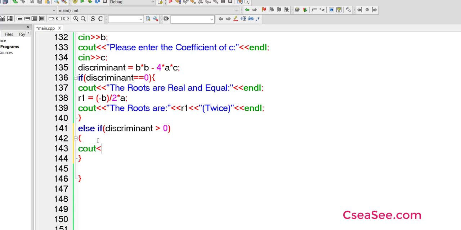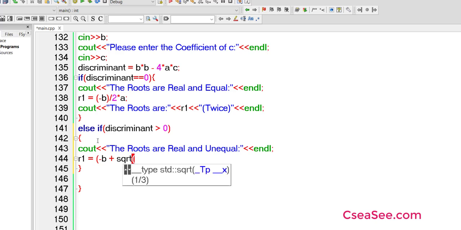First we will give the display. We will say the roots are real and unequal. That is fine. And now we will have to calculate the roots. So R1 is equal to negative B plus sqrt.